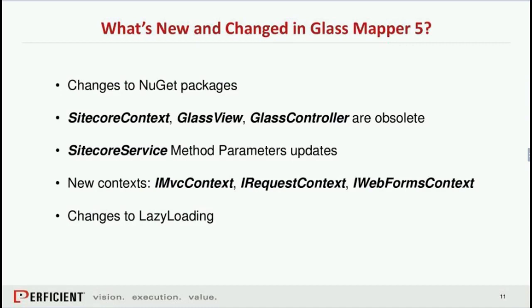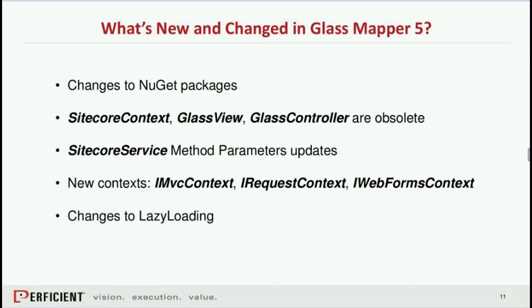So Sitecore Context isn't really providing that value to you anymore, hence why it's obsolete. With Glass View and Glass Controller, anything of value we were getting through those, there are other ways to get it or aren't really needed anymore, which is why they're obsolete.